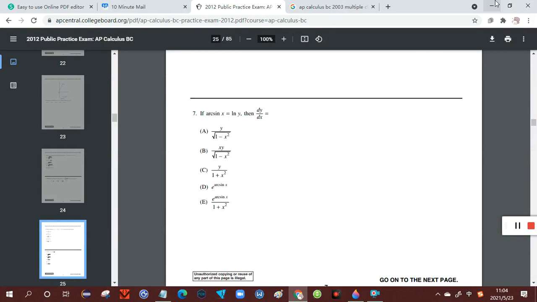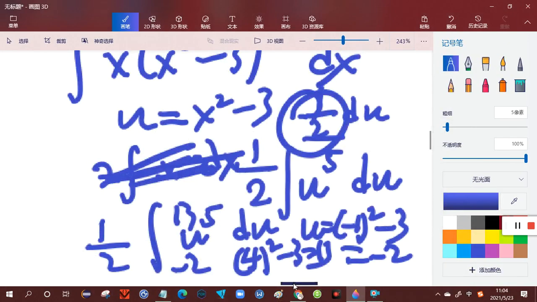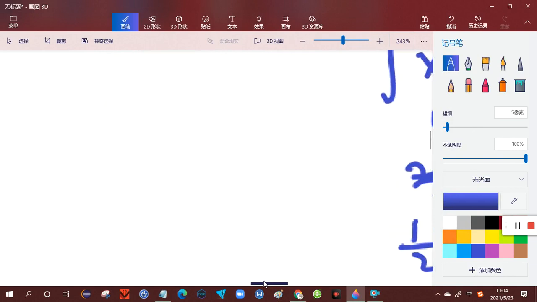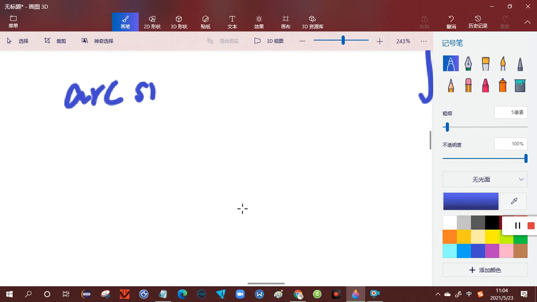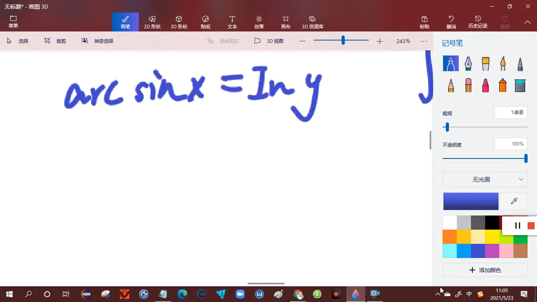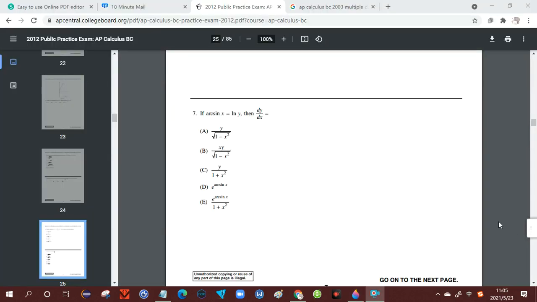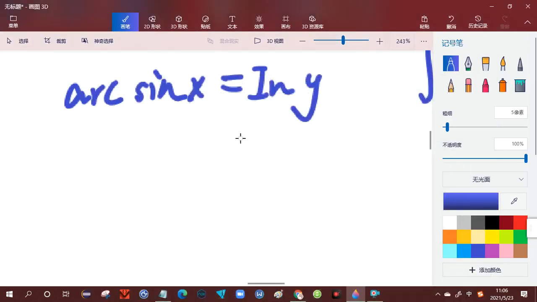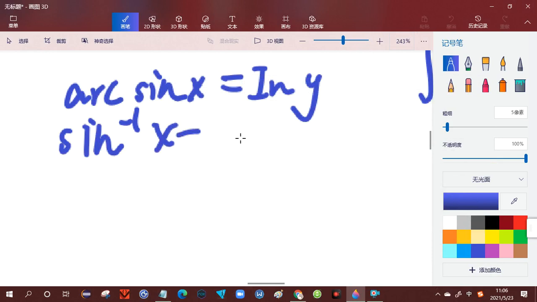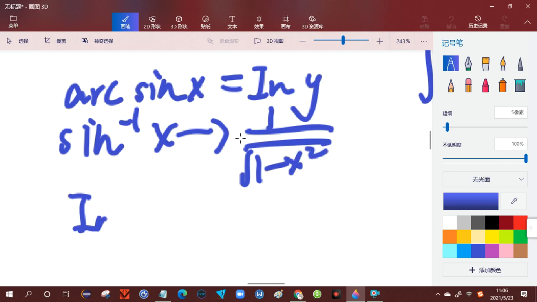Now let's look at problem 7. Problem 7 is an example of implicit differentiation. Arc sine x is equal to ln y, right? So we know the derivative of arc sine x is going to be this, and the derivative of ln y is going to be this.